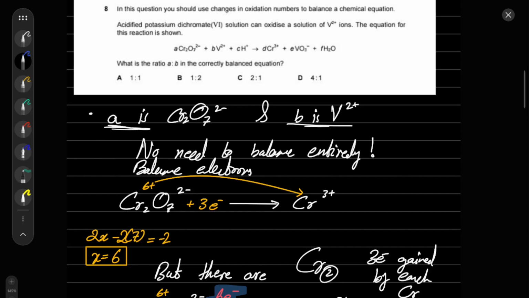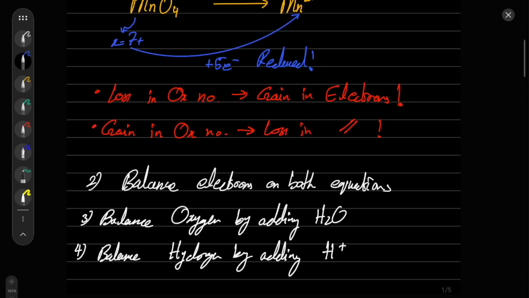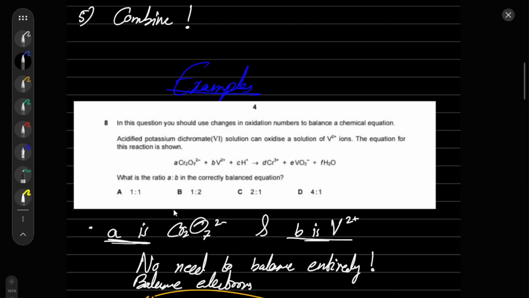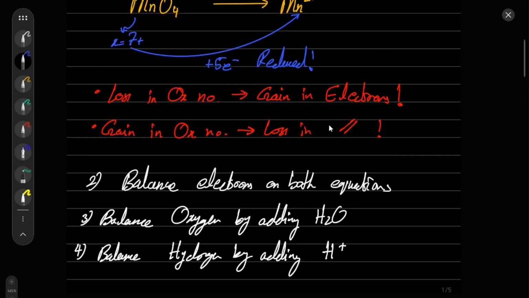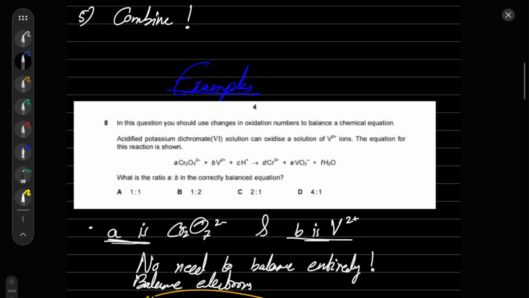You don't necessarily need to follow these steps right now, because you're only balancing the main substances. The question is not asking about the ratio of water or hydrogen or something like that. You can just go with the second, and that will give you the answer.